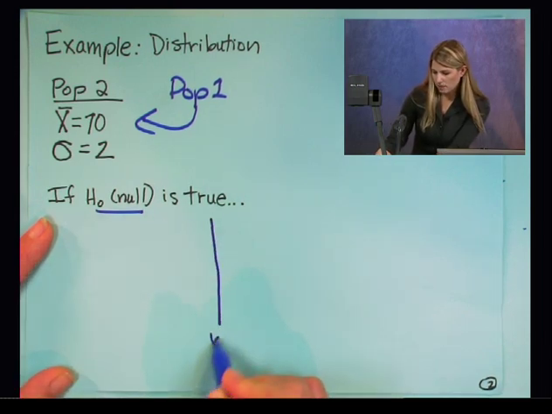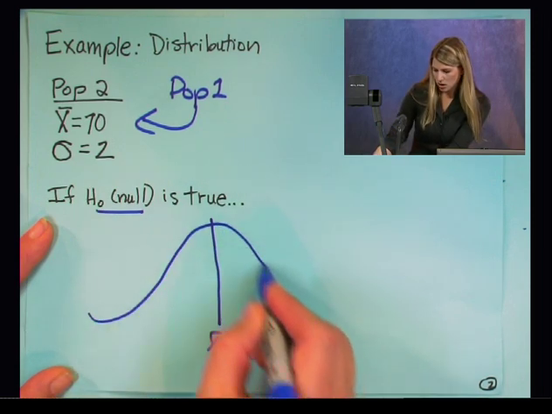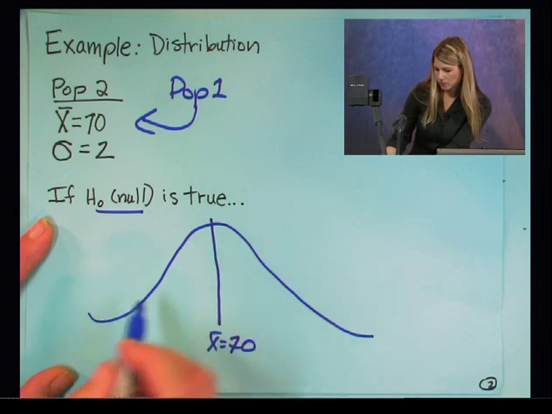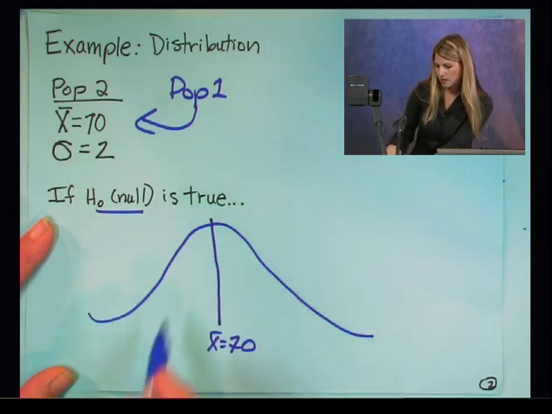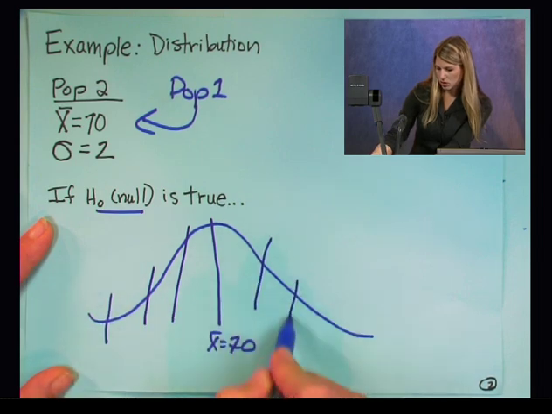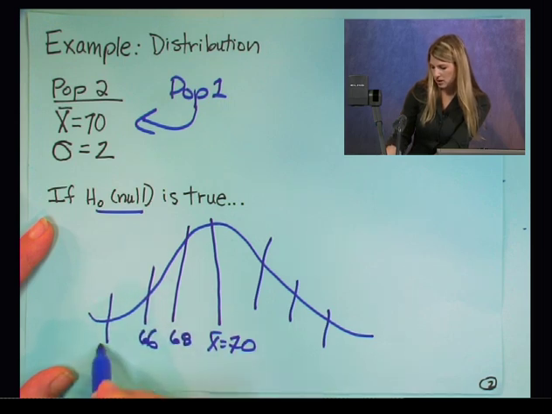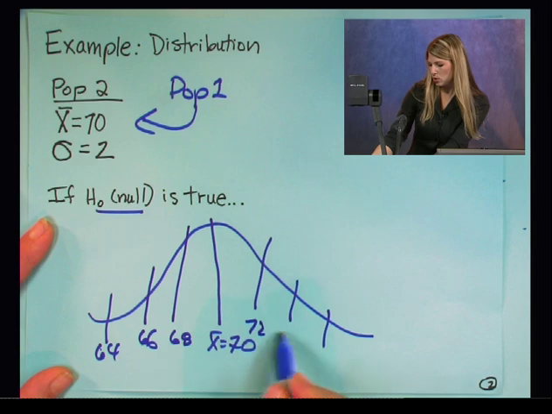It has a mean of 70 and is normally curved. Most scores fall around the average, 70. 1, 2, 3, 1, 2, 3. A standard deviation of 2. So we'd have 68, 66, 64, 72, and so on, like this.